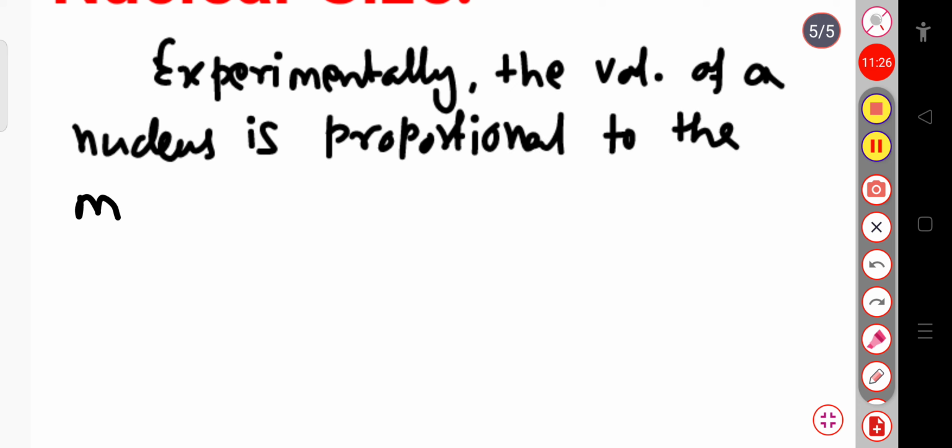We can say that the mass number, that is A, the volume of the nucleus is proportional to the mass number. So what is this A?